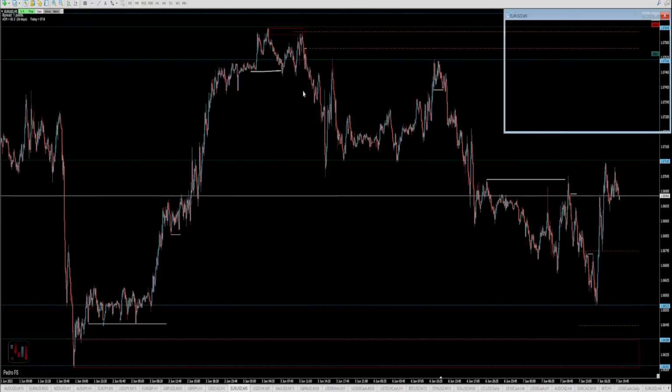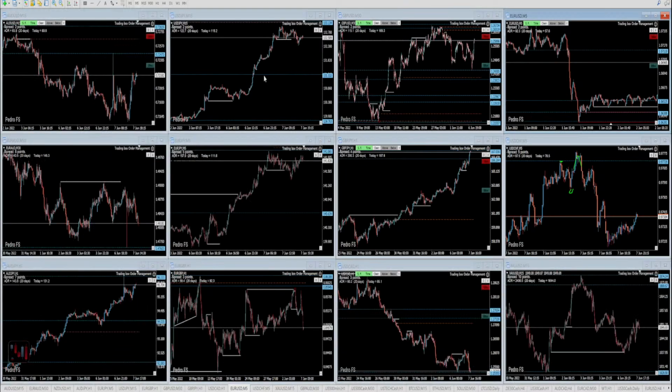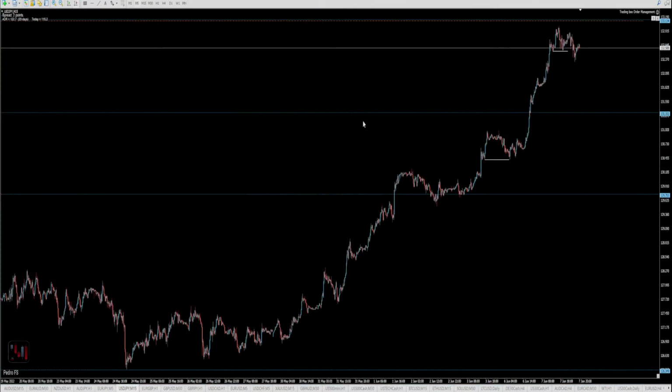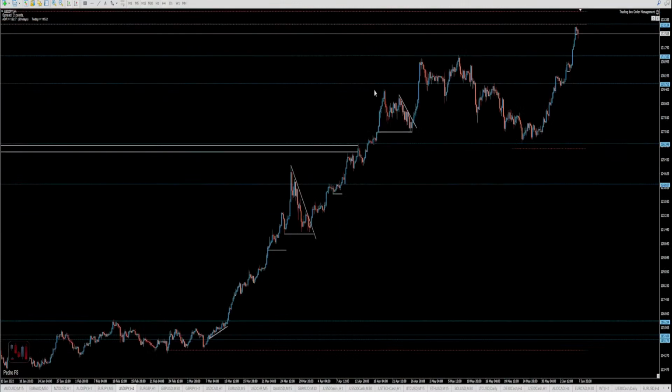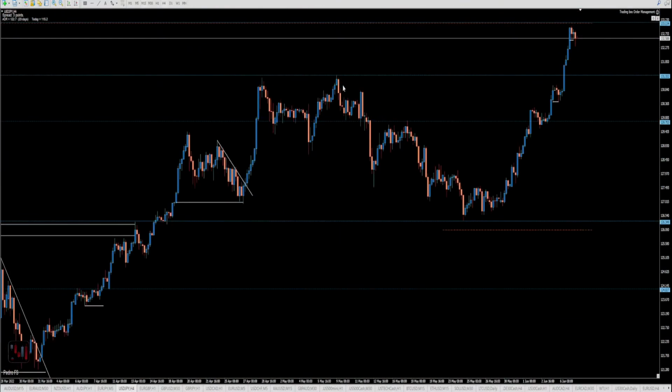If that doesn't happen, what is going to help us as well is to filter trades, right? For example, on dollar yen, this is another example. Even if by any chance you are looking for shorts on the retest of this high, somewhere around this area when price is coming back, because this high never really took the orders from there.